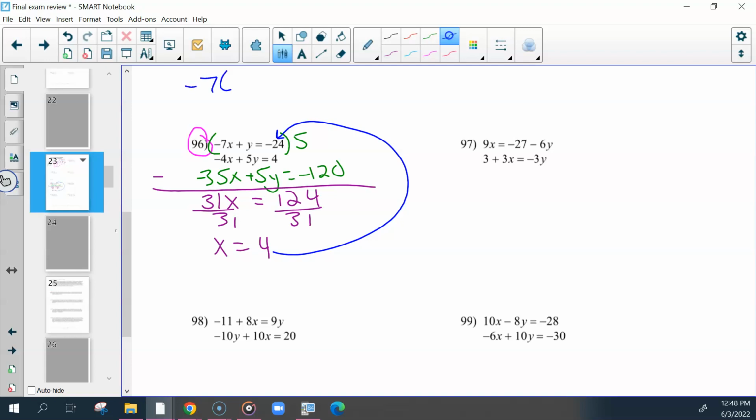So negative 7 times 4 plus y equals negative 24. This would become negative 28. And then we can add 28 to both sides. So y is 4. So our ordered pair would be 4, 4.